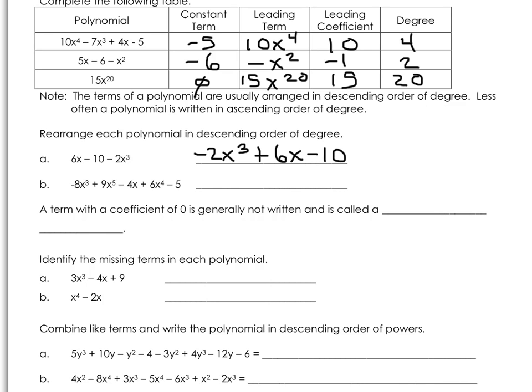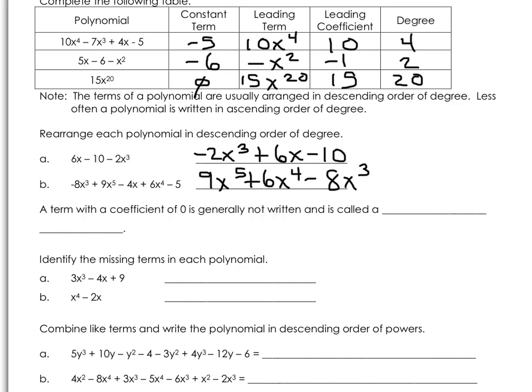Can you put this next one in descending order? Which term do you want to start with? 9x to the fifth. What comes next? 6x to the fourth. What comes next? 8x cubed.